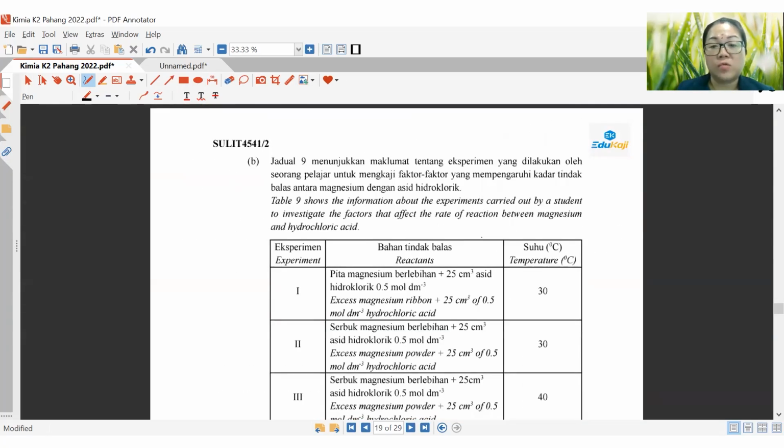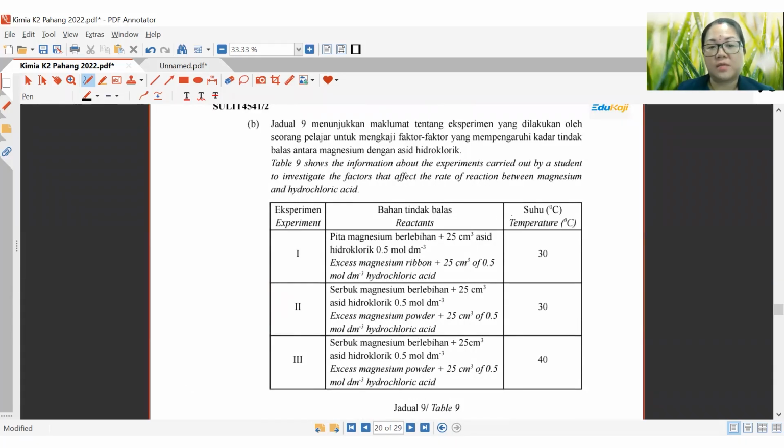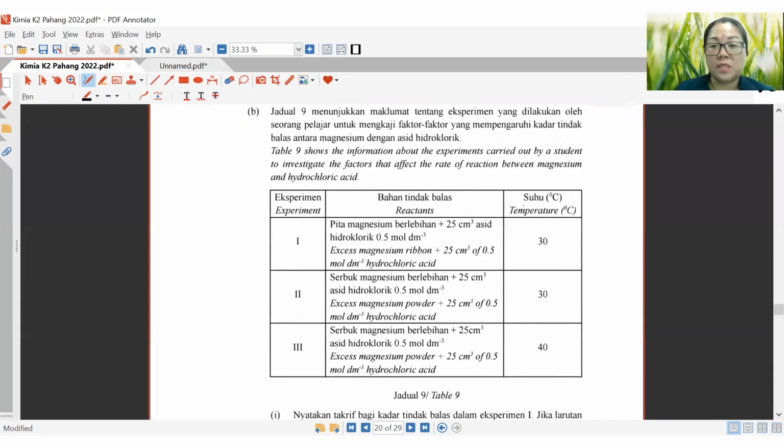All right, now let's look at B. Let's get serious. Table 9 shows the information about the experiments carried out by a student to investigate the factors that affect the rate of reaction between magnesium and hydrochloric acid. For experiment 1, we've got reactants of excess magnesium ribbon reacting with 25 cubic centimeter of 0.5 mol/dm³ of hydrochloric acid, and the temperature is at 30 degrees Celsius.